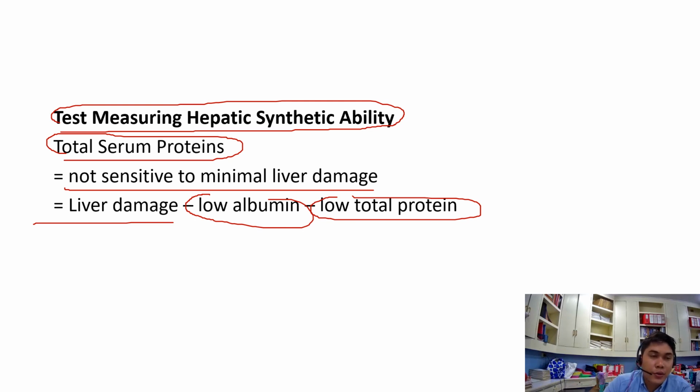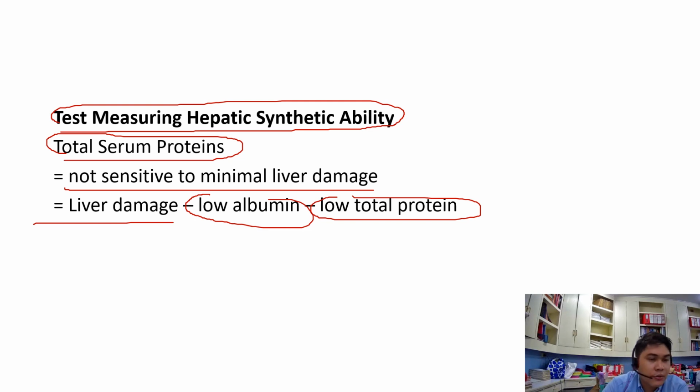So if there is a problem with your liver, usually the concentration of your total serum protein is decreased. Now, what is the clinical significance of the total serum protein test?